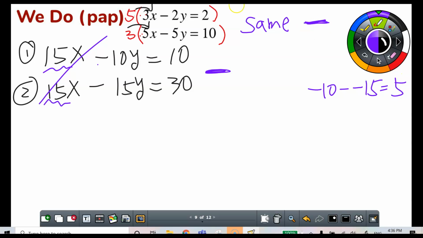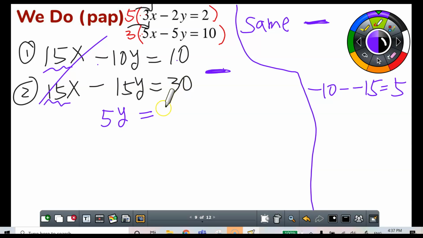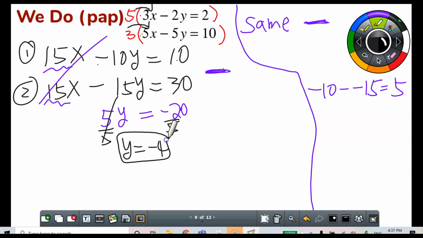Which is 5. So let's put the work here. So here you have positive 5y equals 10 minus 30 is negative 20. Okay. And keep solving the equation for y by division. Right? y equals negative 4.